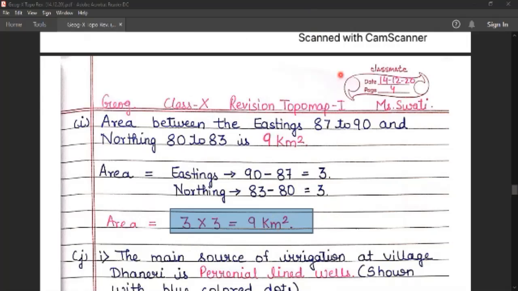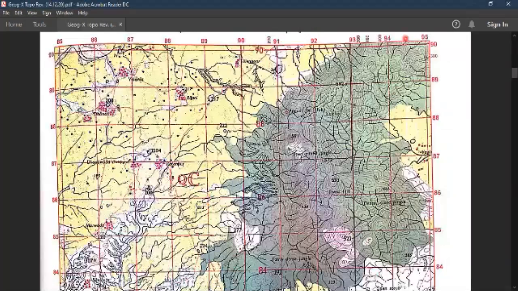The next question is having 2 parts. This is state the main source of irrigation at village Dhaneri. So this is the area nearby village Dhaneri.